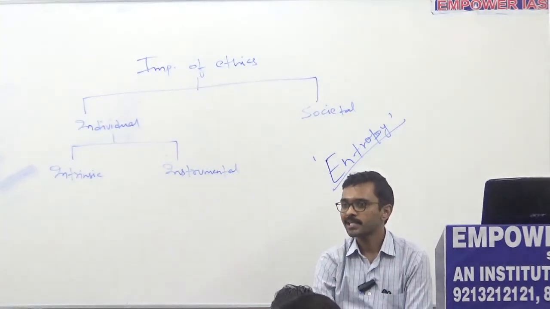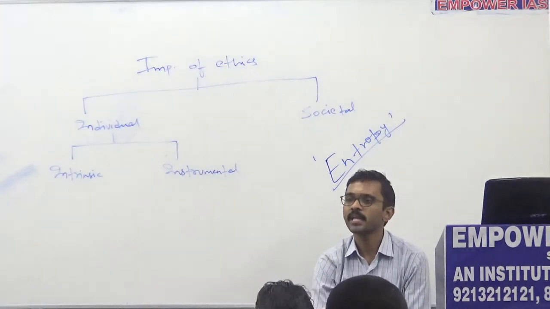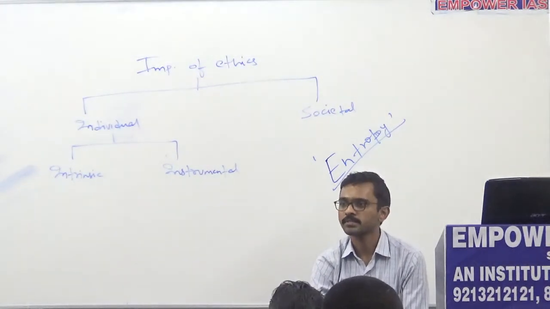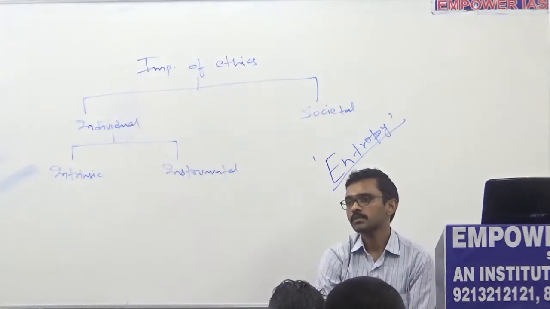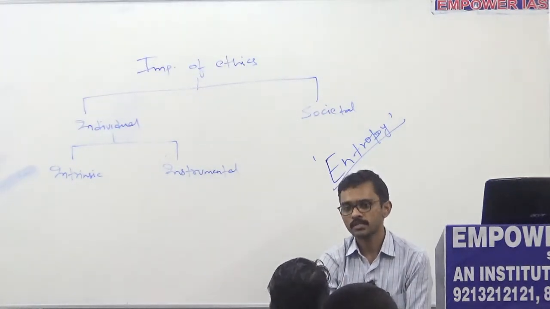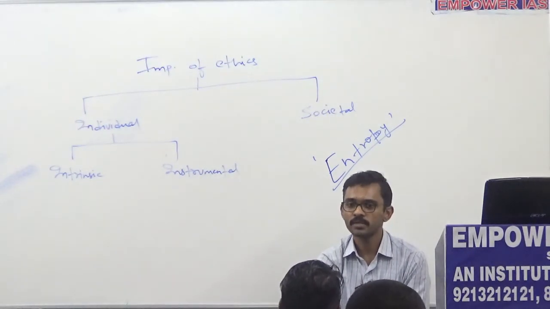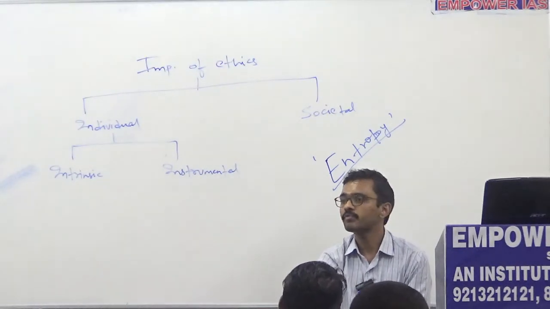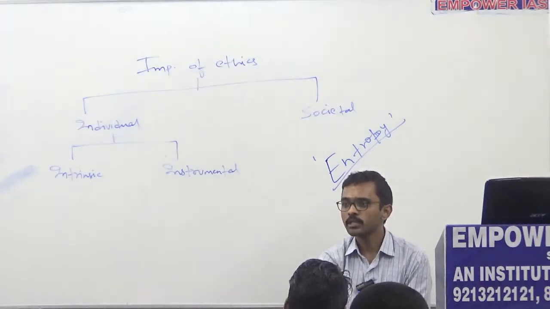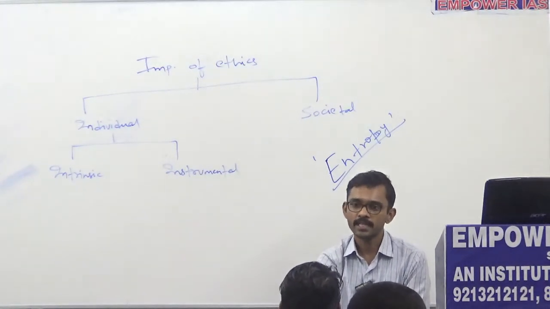Basically, the natural tendency of any society is towards entropy, which means chaos, instability, randomness. So if given a choice, none of us would like to follow ethics or follow rules, regulations, laws, proper behavior. Why do we follow ethics? Because we know that if we don't follow ethics, the other person will also not follow ethics.